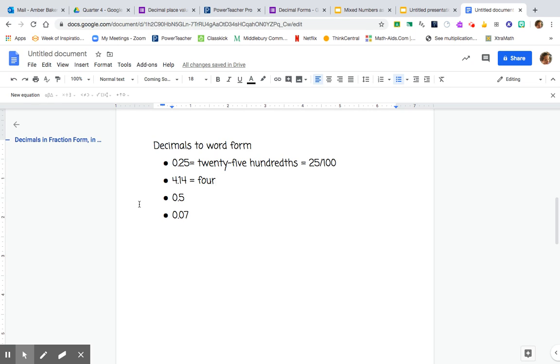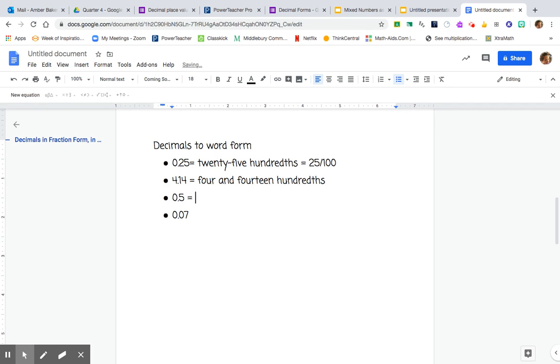So that tells me I'm going to write the word "and." 4 and then I say the number I see in the decimal place value, which is 14. And then what word do you think I'm going to use? 4 and 14 what? Wouldn't be tenths because I have a digit in the hundredths place. So I need to use the word hundredths.